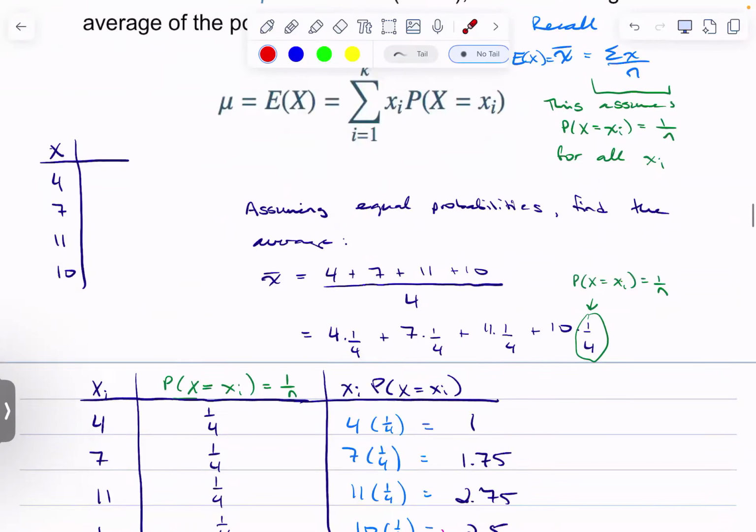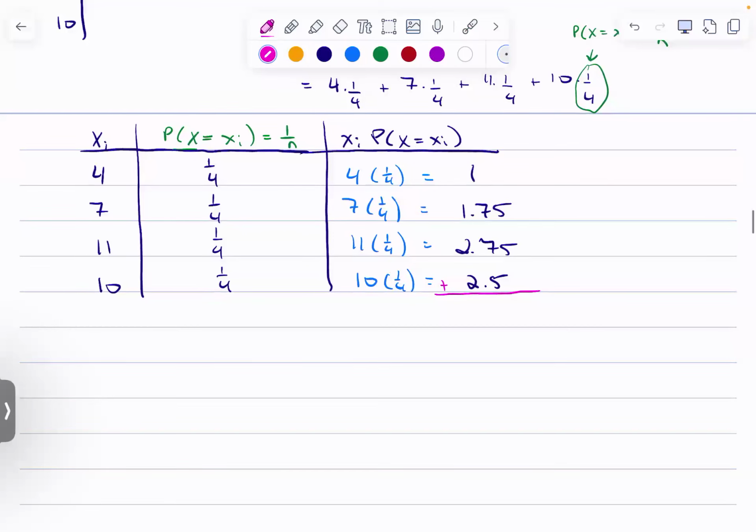The result at the bottom here is the sum of your xi's times the probability that x equals xi, which in this case is 1 plus 1.75 and so on. I get 8.